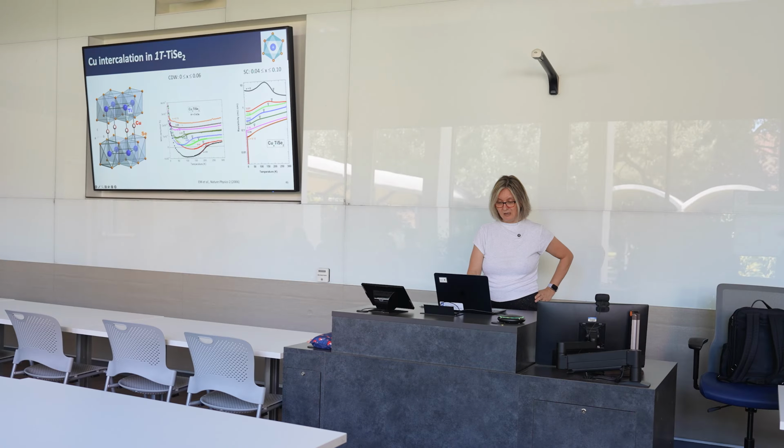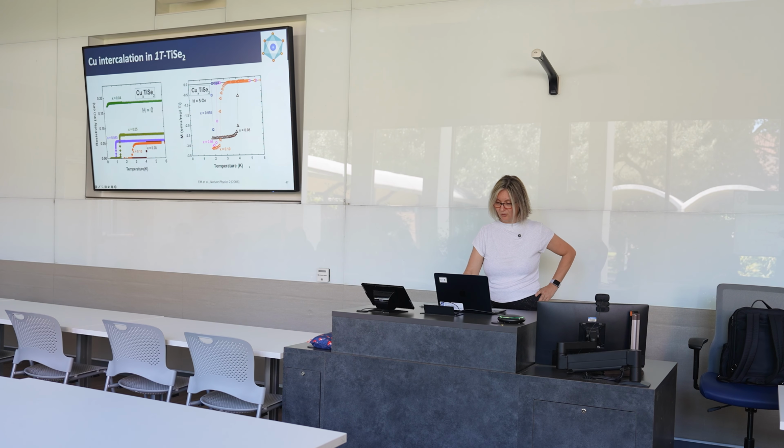Now, in this plot, I'm not showing the low temperature susceptibility for many of these compositions, but what I'm showing on the right here is the resistivity as a function of temperature for the same compositions. And notice a drop starting at about 0.4. Maybe you can't see it very well at 0.4, but for higher compositions, you notice there's a drop. If we look closer, the resistivity shows a drop to 0 for some of these compositions.